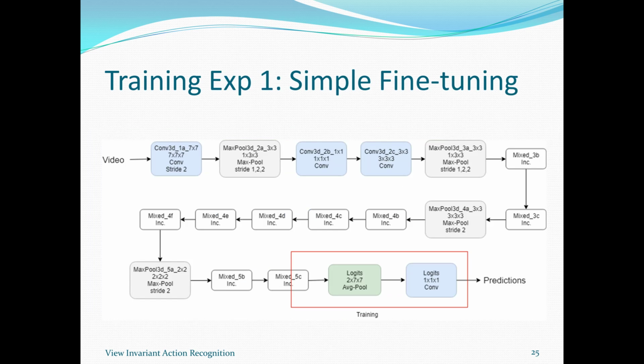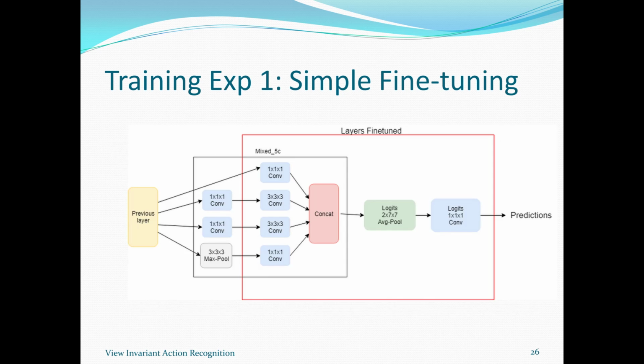So the first fine-tuning training, the simplest thing possible, we simply replaced the last layer with 10 outputs instead of 400 and fine-tuned it, and this is the part that was trained. But you see, the line is going in the middle of this layer. How do you train half a layer? Well, this is the inception module, which are littered all through the model, and an inception module actually looks like this.